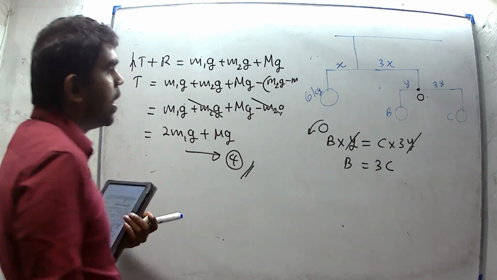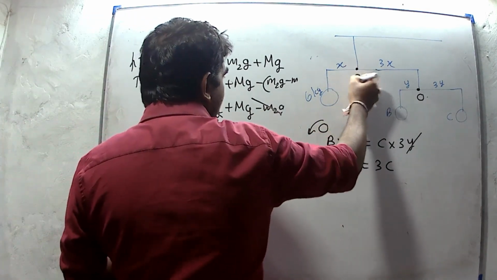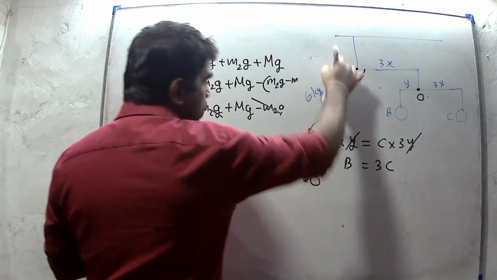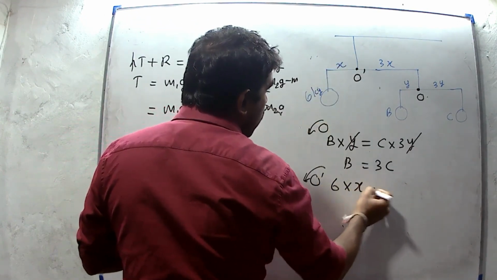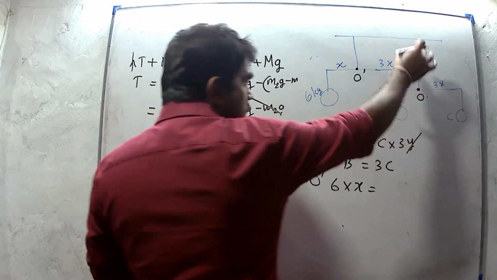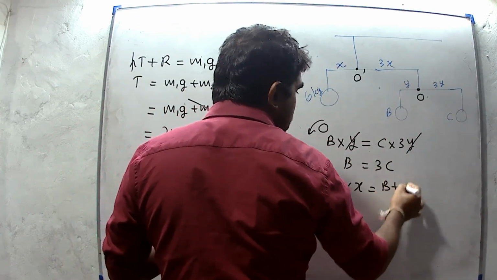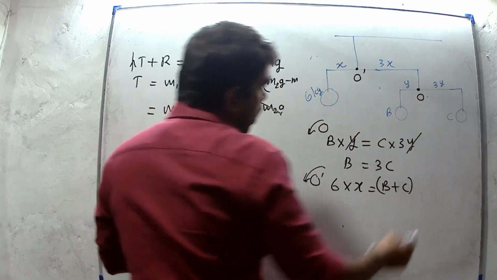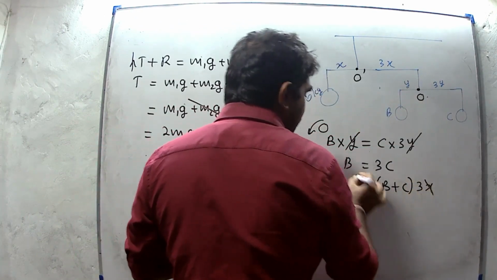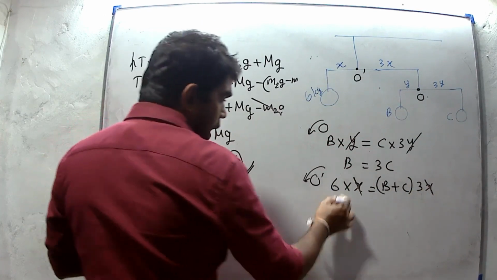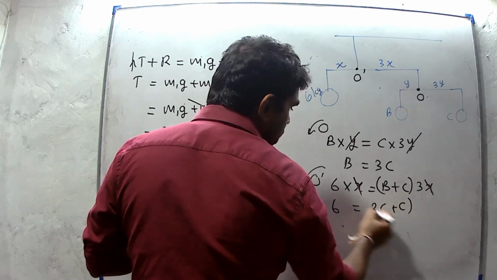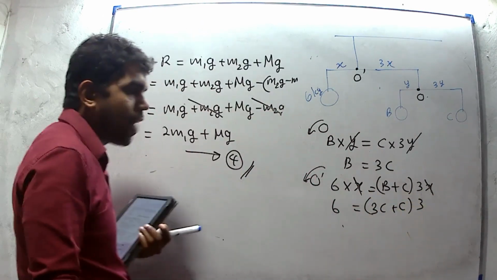Then we can consider torque around this point O dash. 6 into x equals, in this reaction, B plus C is the total weight from this point into 3x. Now we can cancel out the x term. We can use B is 3C. 3C plus C times 3. We can find the C value.